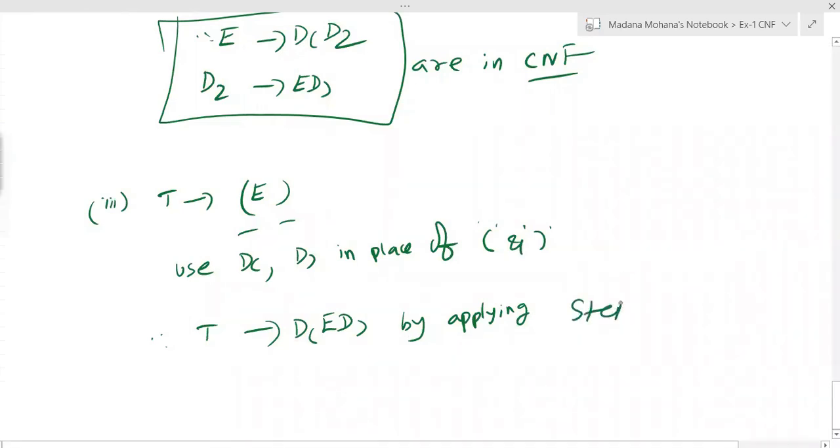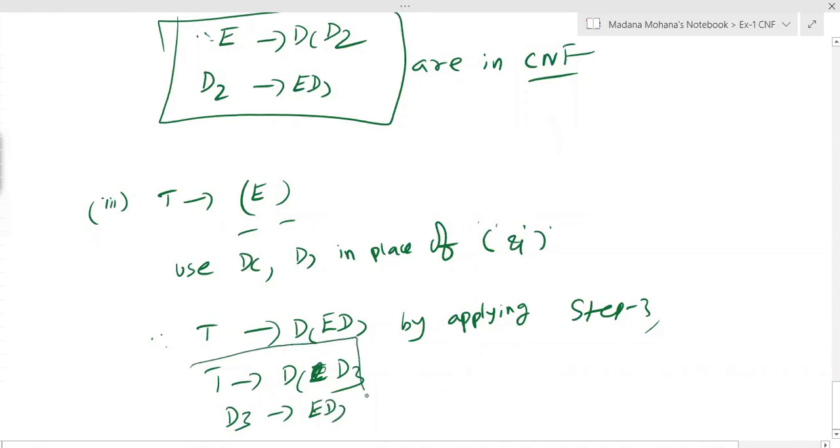By applying step 3, so you can introduce a new variable. T derives D left brace E, so this entire E D right brace, let us say some D3. Now D3 derives E D suffix right brace.